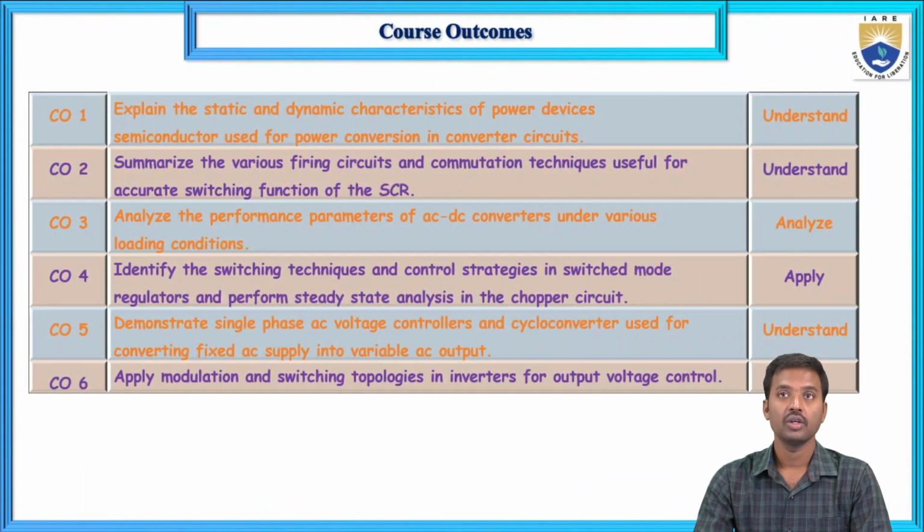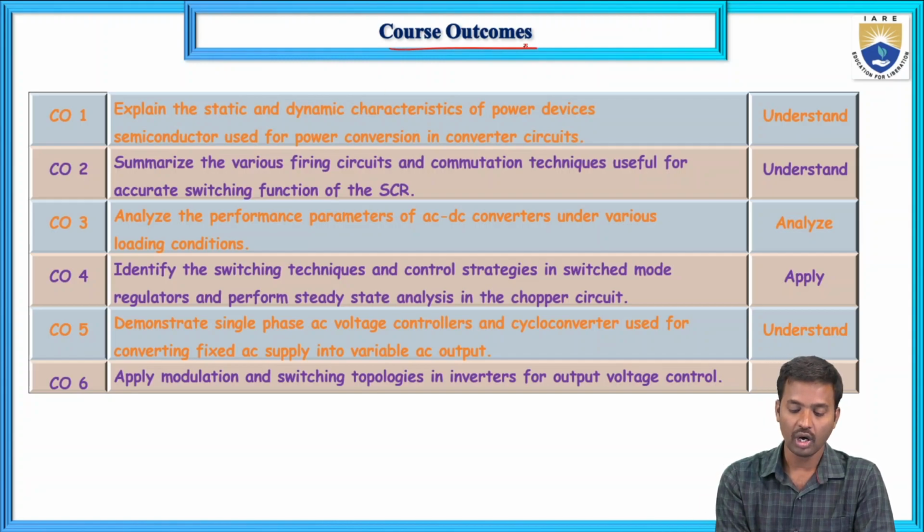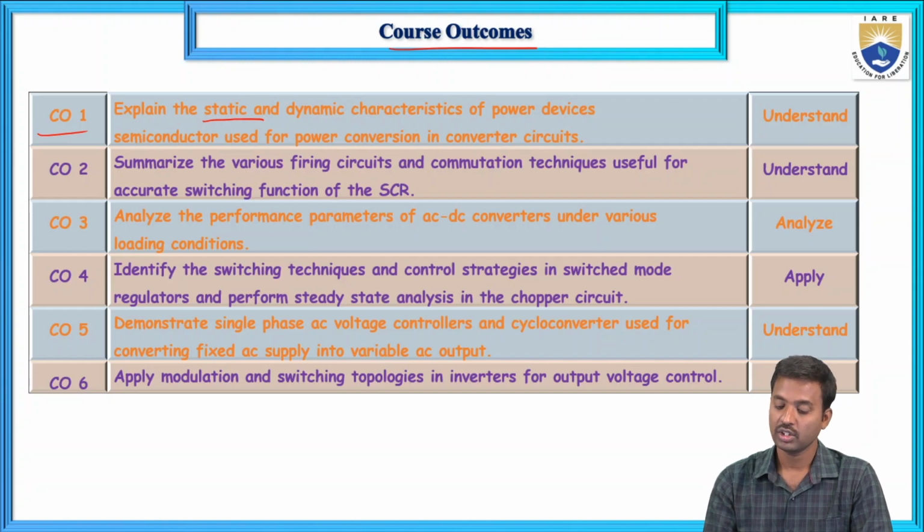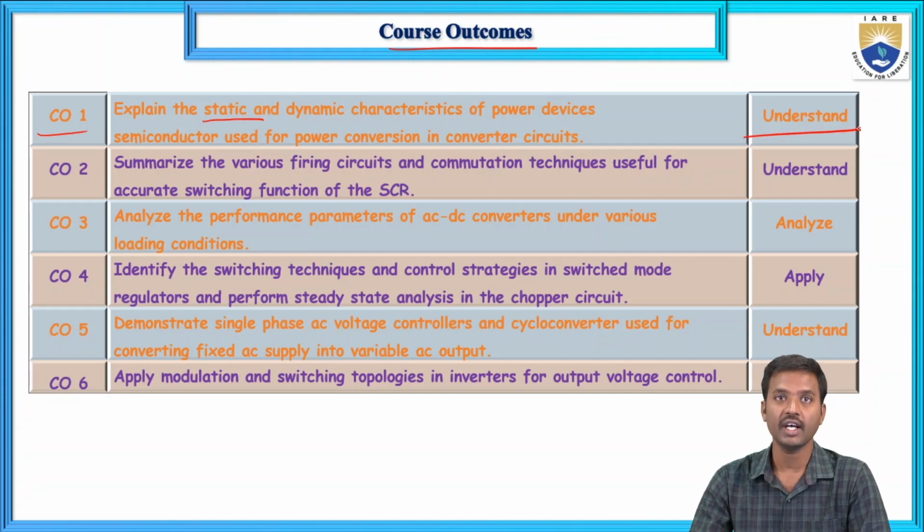After successful completion of this course, students should be able to explain the static and dynamic characteristics of power semiconductors used for power conversion in converter circuits. The Bloom's taxonomy level is understand.